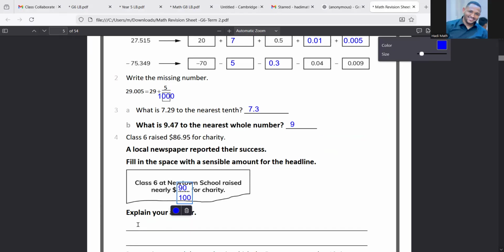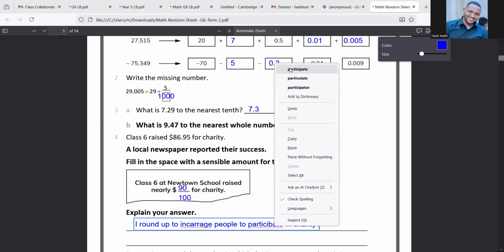Okay, I say I round up to encourage people to do more charity, or to participate in charity.